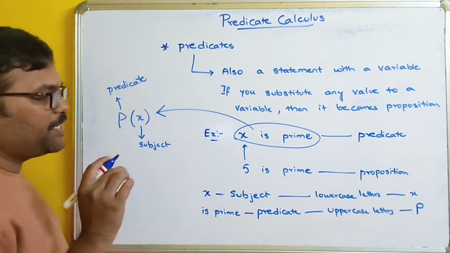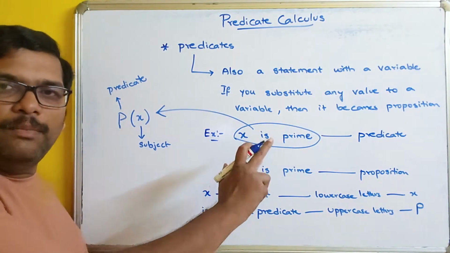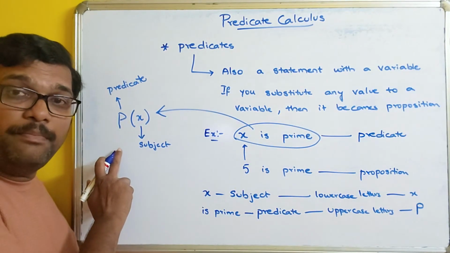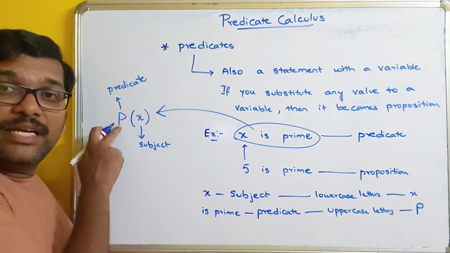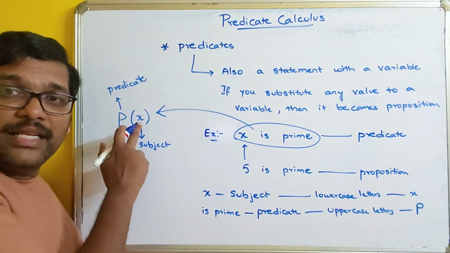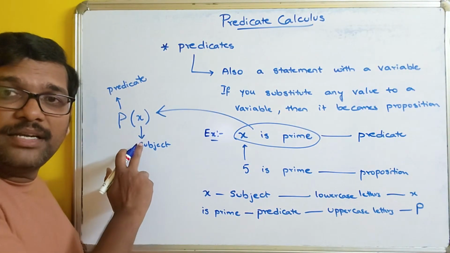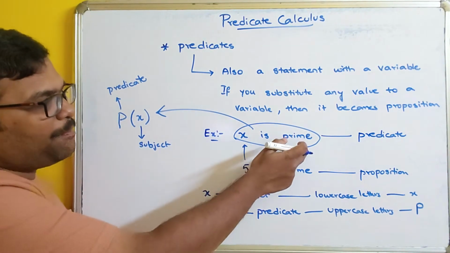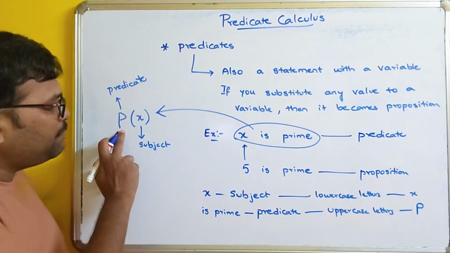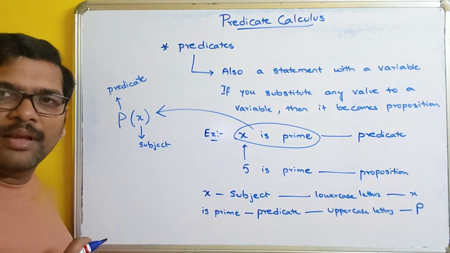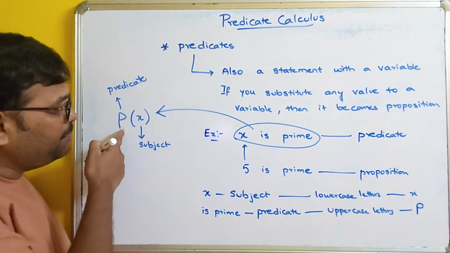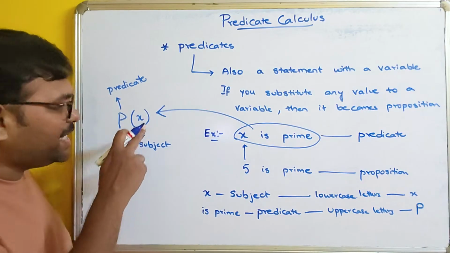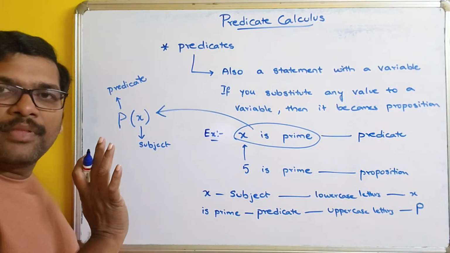Just remember that any predicate is represented by a capital letter representing the predicate and a small letter representing the subject. Now x is prime can be represented as P of x, where P means prime.